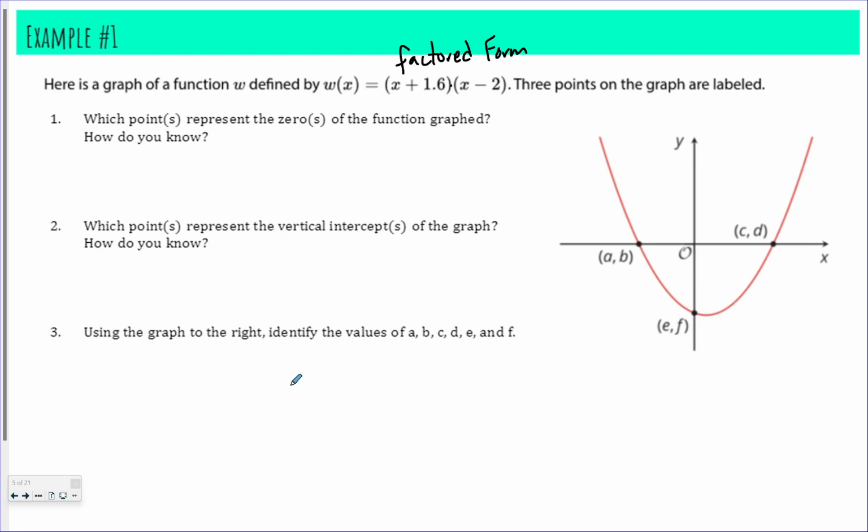Now, which points represent the zeros of the function graph? Well, based on our last work that we did, it looks like the zeros are the same as the x-intercepts, right? X-intercepts. And so it must be these points here, (A, B) and (C, D).